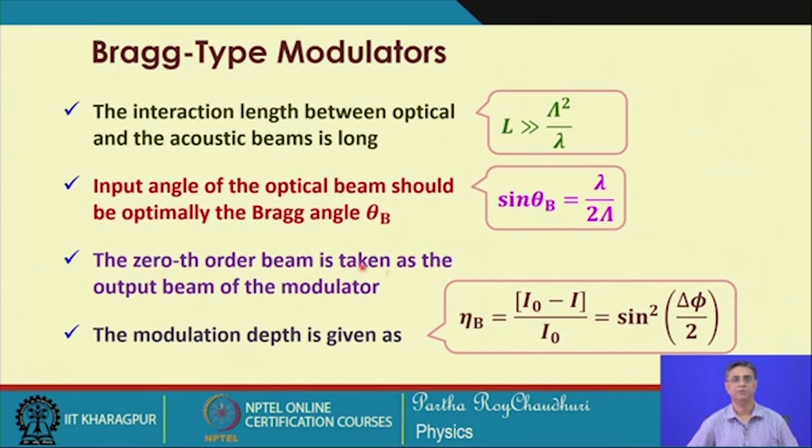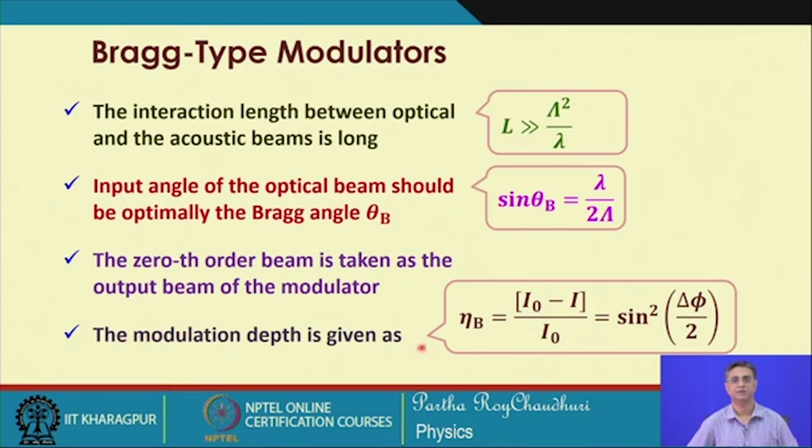The 0th order beam is taken as the modulator output; at the maximum of modulation, the 0th order beam will be 0, and the first order beam will contain the maximum output.